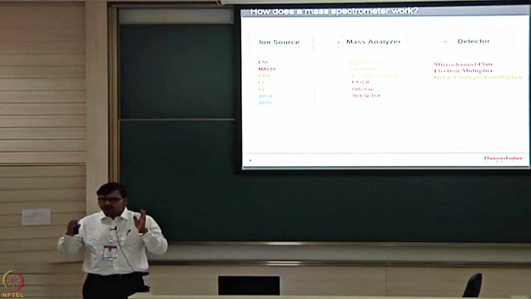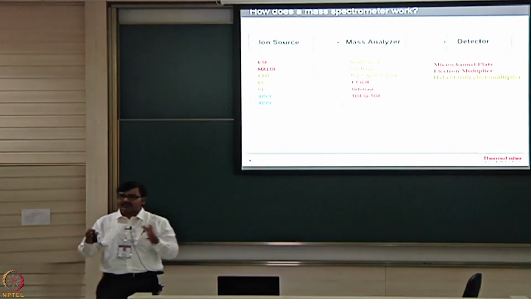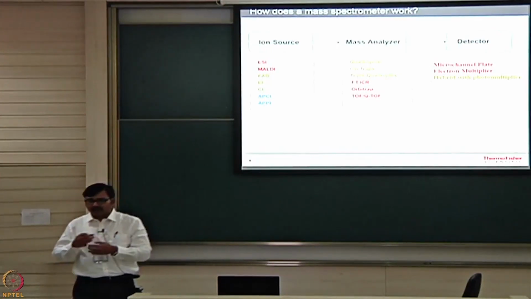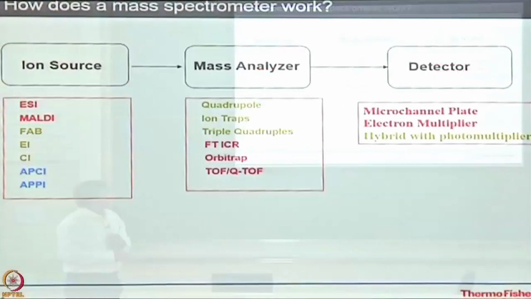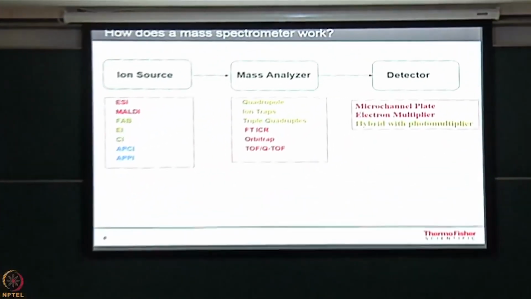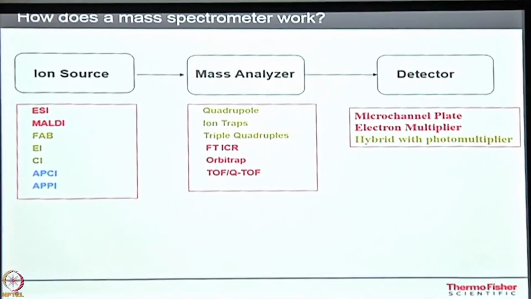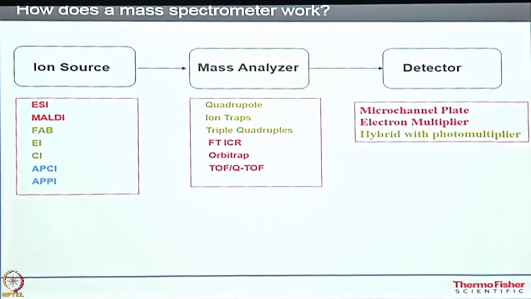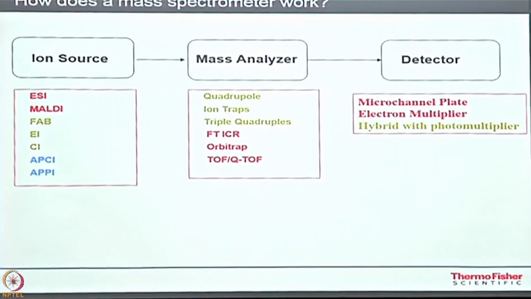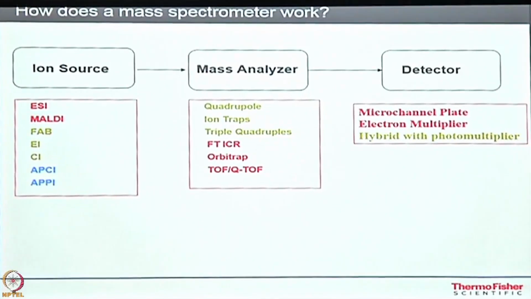Ion traps: you can trap your molecules inside a vessel and detect them. Quadrupole, ion trap, and triple quad are very low resolution, meaning you cannot separate nearby masses. But FTICR, Orbitrap, TOF or QTOF are high resolution instruments where you can separate nearby masses.